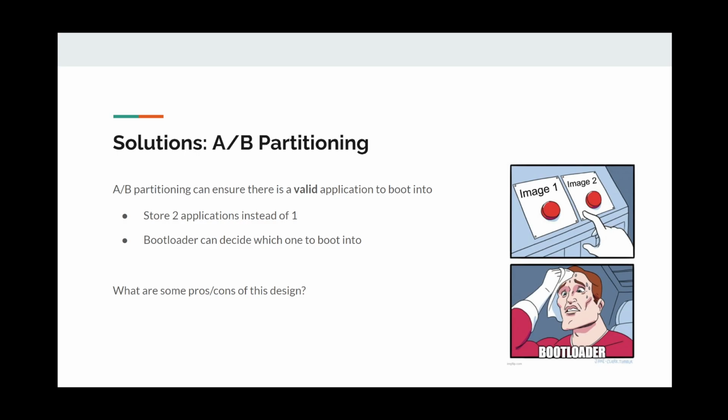So you press down on a button for a few seconds, and it tries to boot into this other application. But wait, there are random bit flips everywhere because it's been a few years. Maybe you're not going to be able to boot into that application anymore. And now you no longer get the pro of having a nice, safe application that the user can boot into, and you're stuck in the bootloader. Yeah. Any other ones?